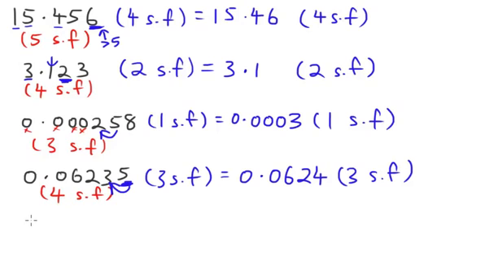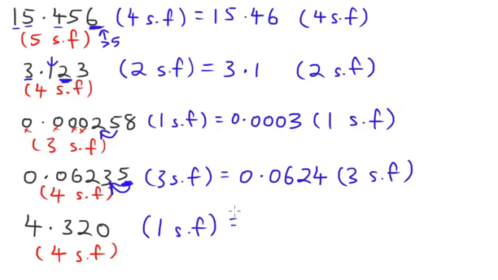So next one, 4.320. Here we have 4 significant figures because in 4.320 the 0 is significant. Let's round it off to 1 significant figure. If you want to round off to 1 significant figure, the first digit is 4, which means we have to look at the next digit. So we couldn't write out any figure here because we just want 1 significant figure.